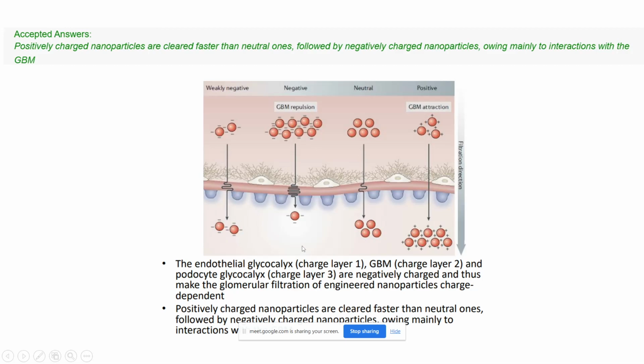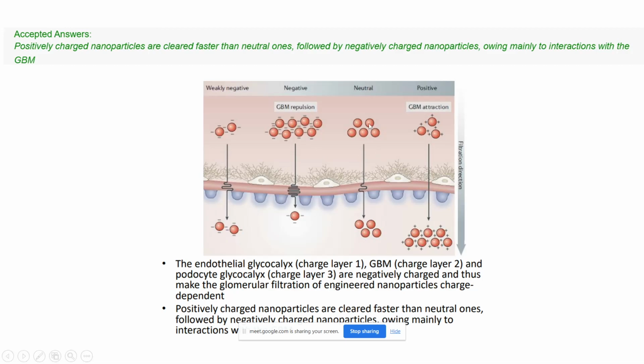These are negatively charged and thus make the glomerular filtration of engineered nanoparticles charge dependent. So the positively charged particles will quickly interact with them, and then they'll quickly cross all these three charge layers and enter for clearance.